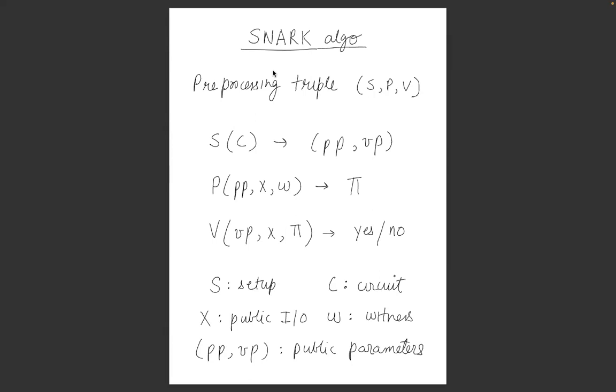It takes the third input as this proof pi, and then it just outputs yes or no, which represents if the proof is valid or not. So X is the statement.